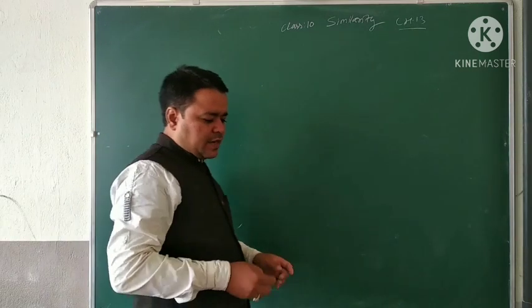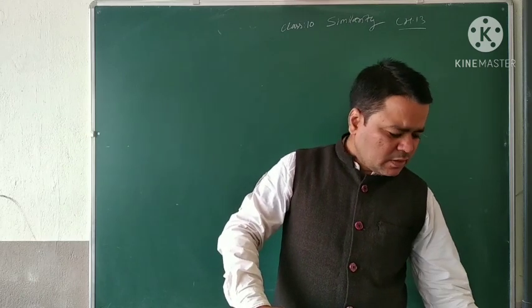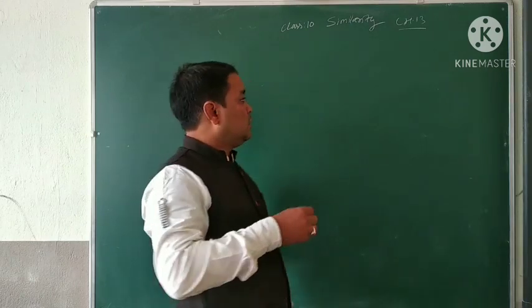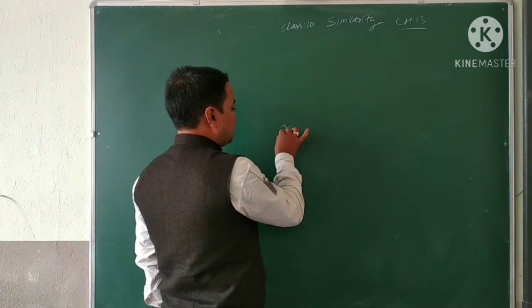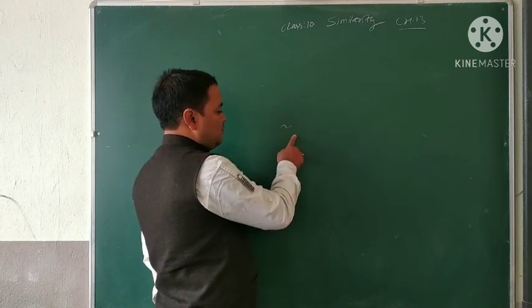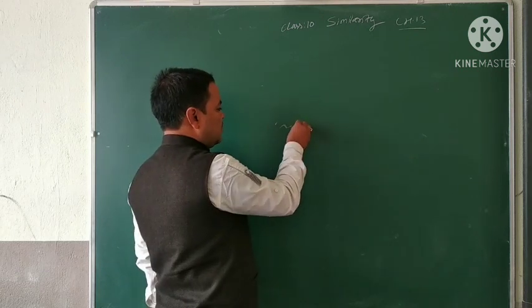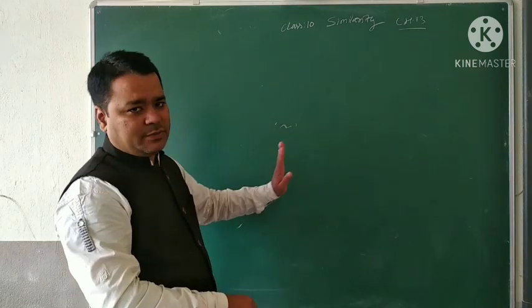For congruency I just said the simple symbol is this. If we remove this, then this is the symbol of similarity.